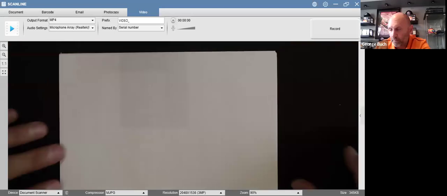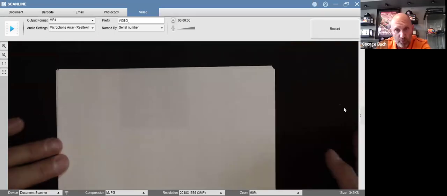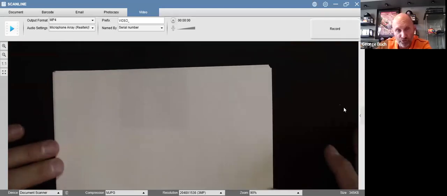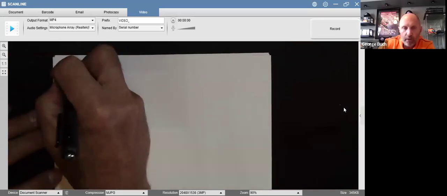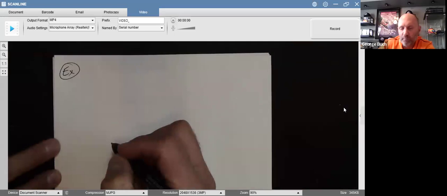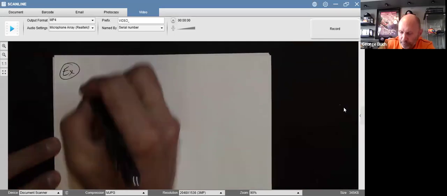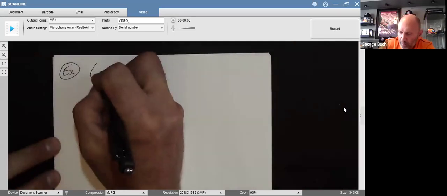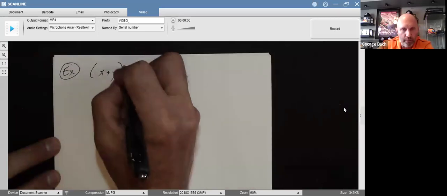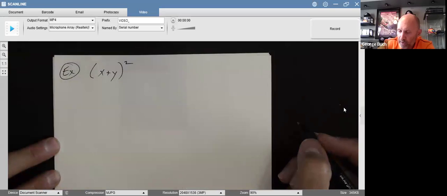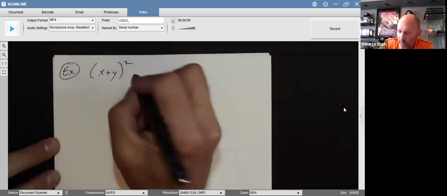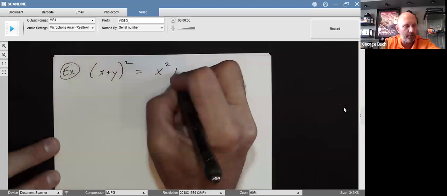Up until this point, we've done some fractions, we've done some exponents, we've done distribution. And so a big mistake that people will make is you'll get something like x plus y squared, and people are like, oh, yeah, this is my exponent, so this is just x squared plus y squared.